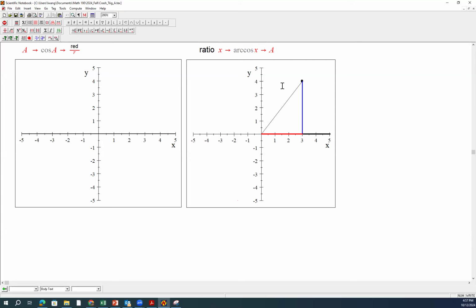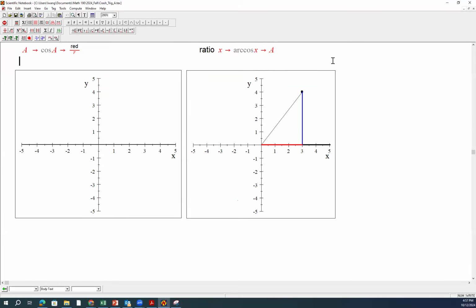And of course, I want to mark the ratio. The ratio is between -1 to +1, which is the range of cosine, right? We understand that.